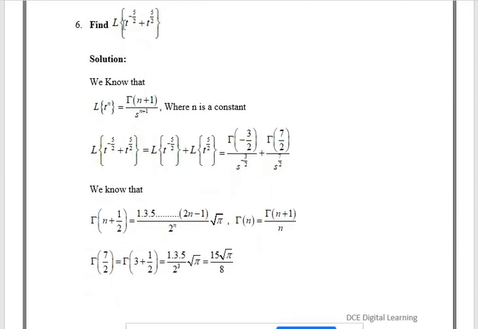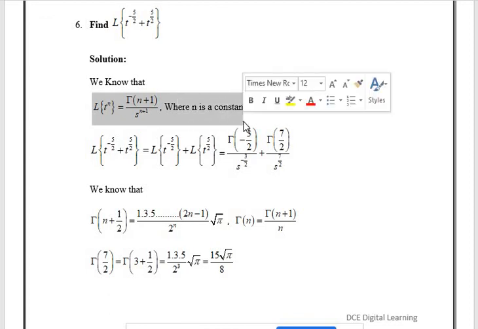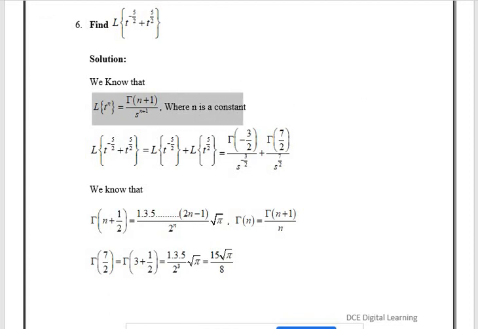Find Laplace transformation of t to the power of minus 5 by 2 plus t to the power of 5 by 2. Now to solve this one, the Laplace transformation of t power of n, when n is a constant, the formula becomes gamma n plus 1 by s to the power of n plus 1.